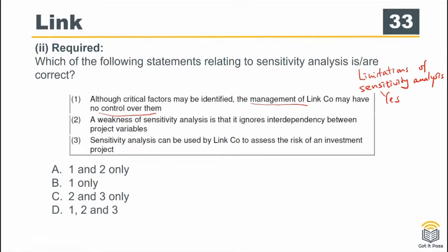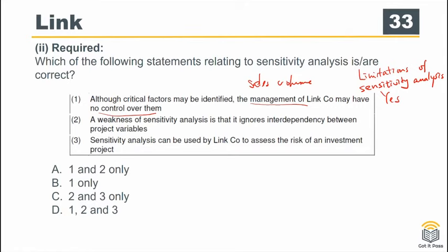Okay? Because in sensitivity analysis, you identified maybe sales volume. Okay, it's a critical factor. But can the management control sales volume? Okay, if it's the market demand, sometimes the market demands, you cannot control it.